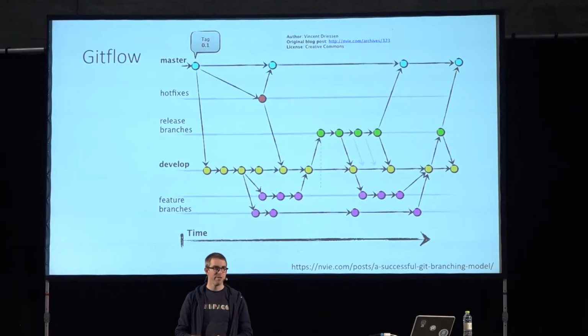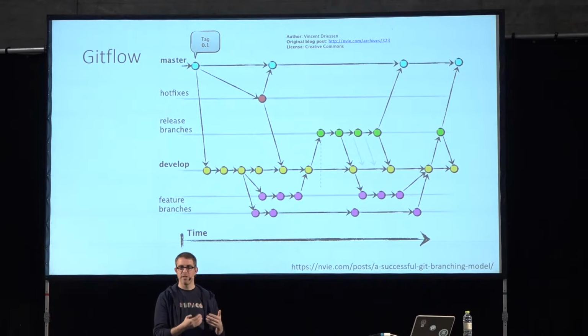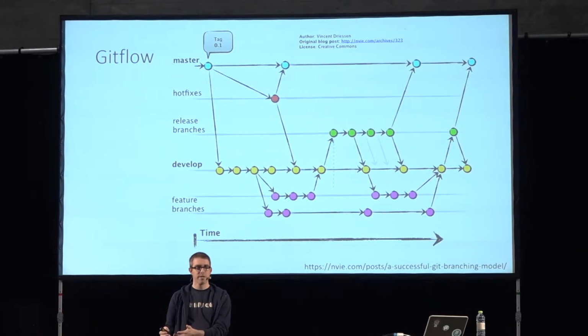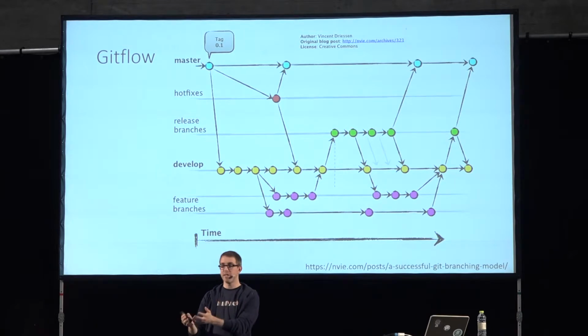On the other hand, if you need something more, in 2011, Vincent Driessen wrote a blog post, and he became pretty famous for that one. And he came up with something called Git Flow. Git Flow is a way where you have a master branch which resembles your production, where you have your development branch, and your development branch can contain alpha features and can contain tested code, but it's not your production branch.